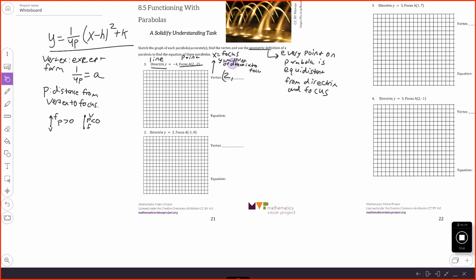It has to be the same distance, equidistance. So the y value of the vertex is going to equal -4 plus -2 divided by 2, which is -6 divided by 2, which is -3. So my vertex y is -3.